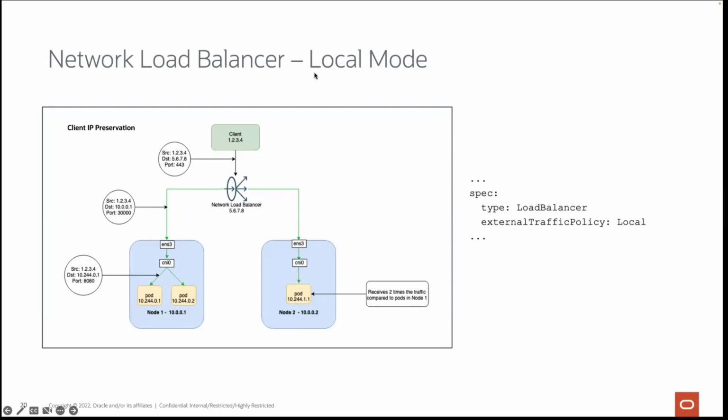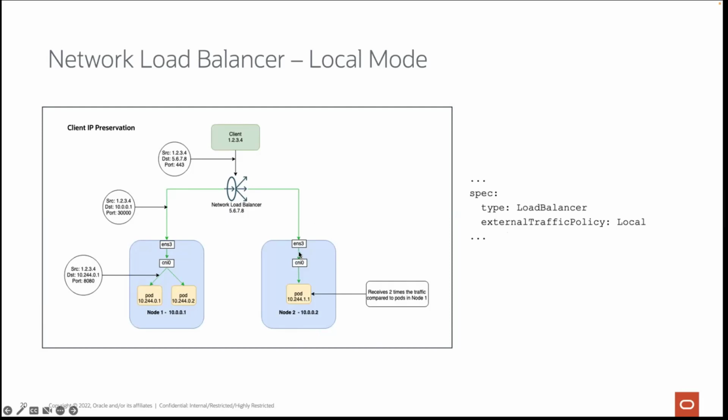Like I mentioned earlier, this is the first mode, which we call the local mode. It will preserve that client IP in your HTTP request. The only thing you need to do is specify this particular line in your Kubernetes service definition. Under the hood, we configure the proxy rules on the worker nodes for a specific node port, between some particular ranges that I cannot disclose, and that is only for the pods.